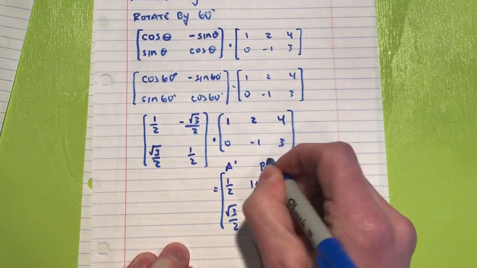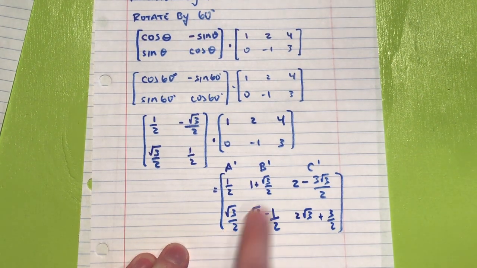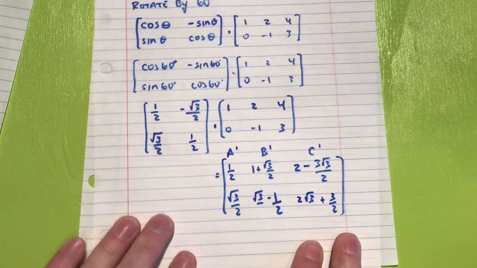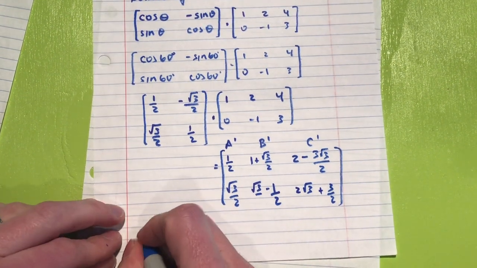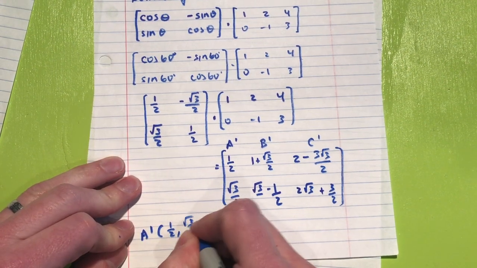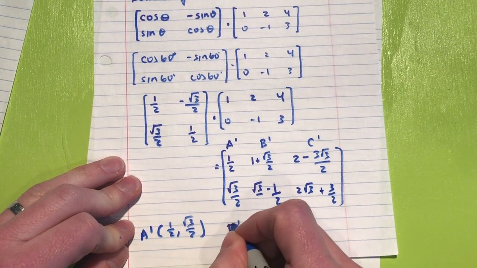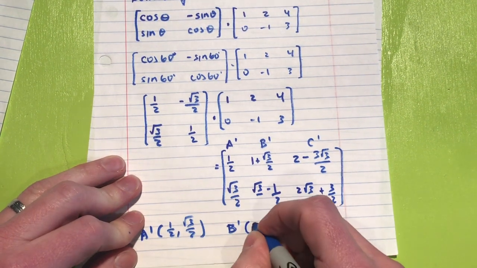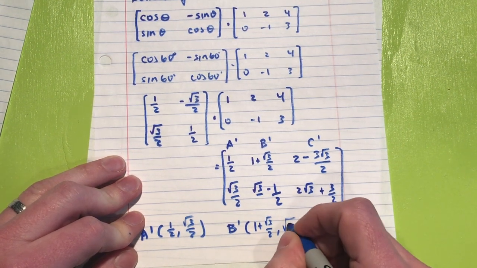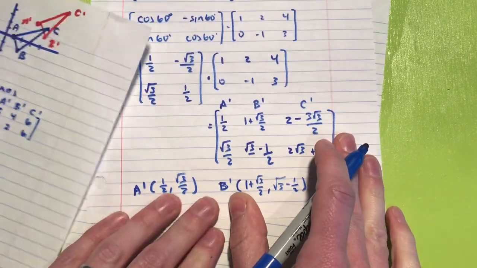A prime, B prime, C prime becomes the new coordinate for A, the new coordinate for B, and the new coordinate for C. Just writing that out, and again, if we were actually graphing this, I would get a decimal for that, just so that it would be easier to plot.